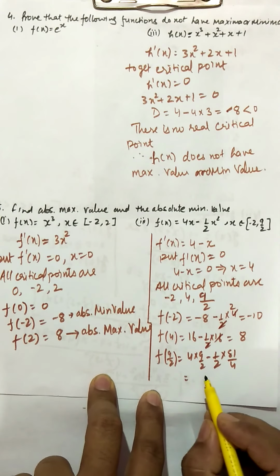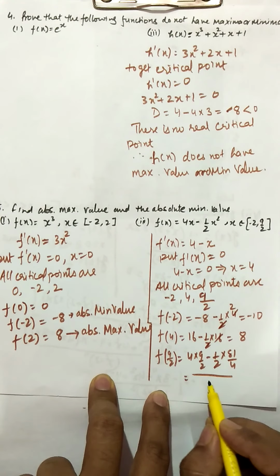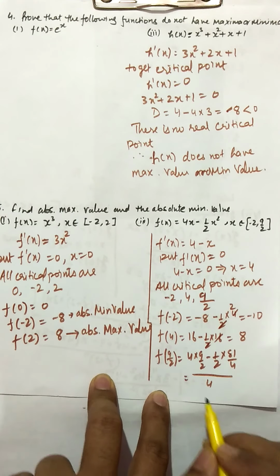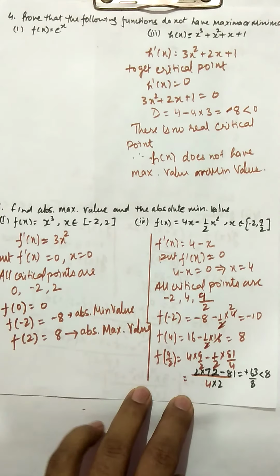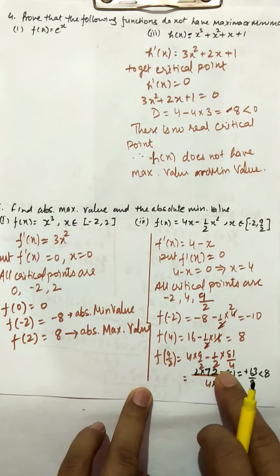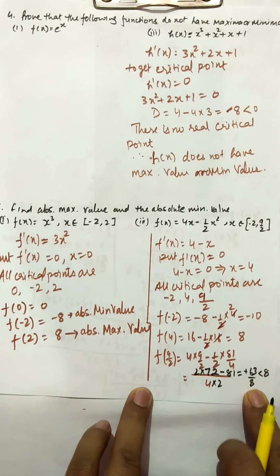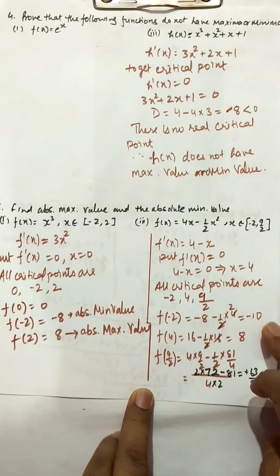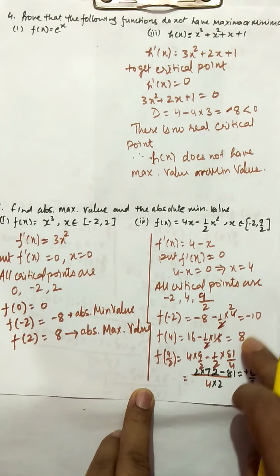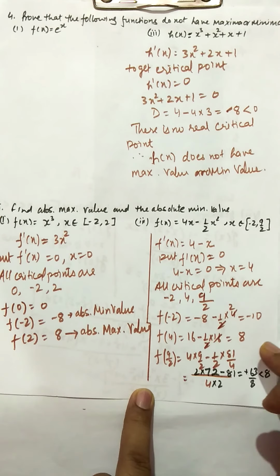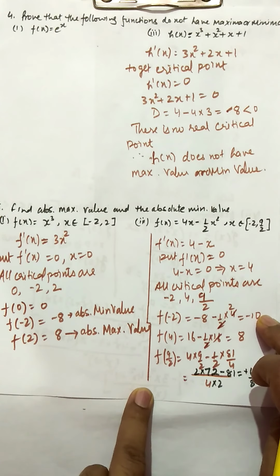We can take the LCM, this is 4. So this value is coming 63 upon 8, which is less than 8. So you can see your maximum value is the positive value 8, and the lowest value is minus 10.